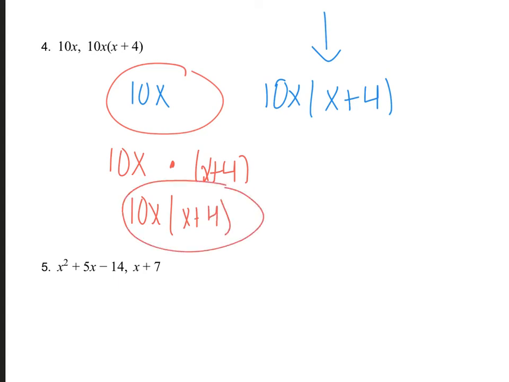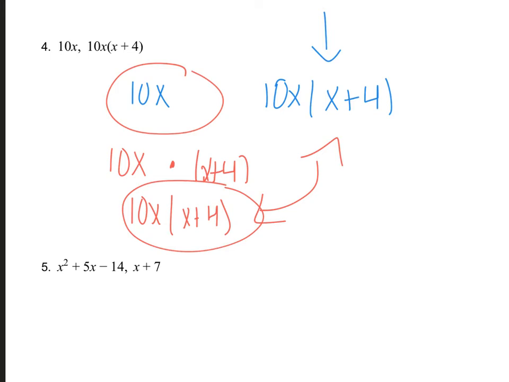And now these two look the exact same. So their least common multiple is 10x times x plus 4, and that's okay. So you just have to be able to multiply something to this expression to get it to look like this, exactly that.